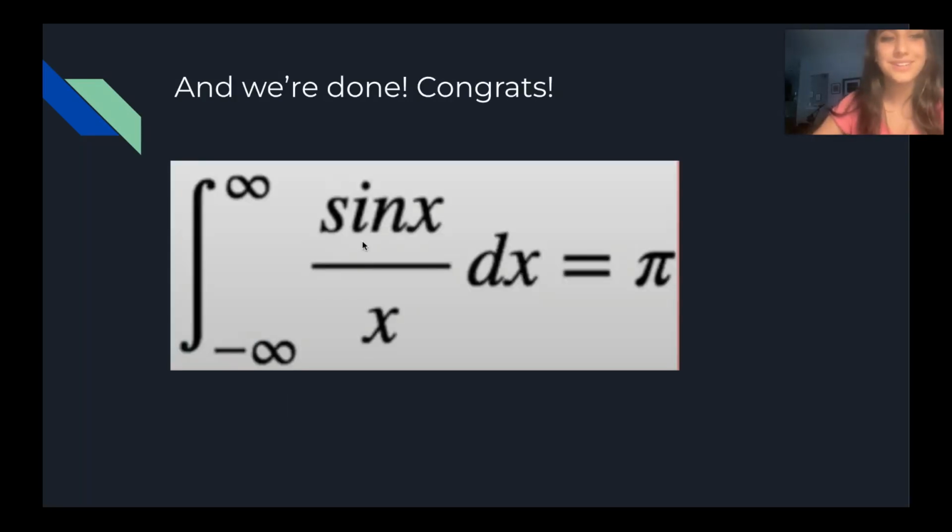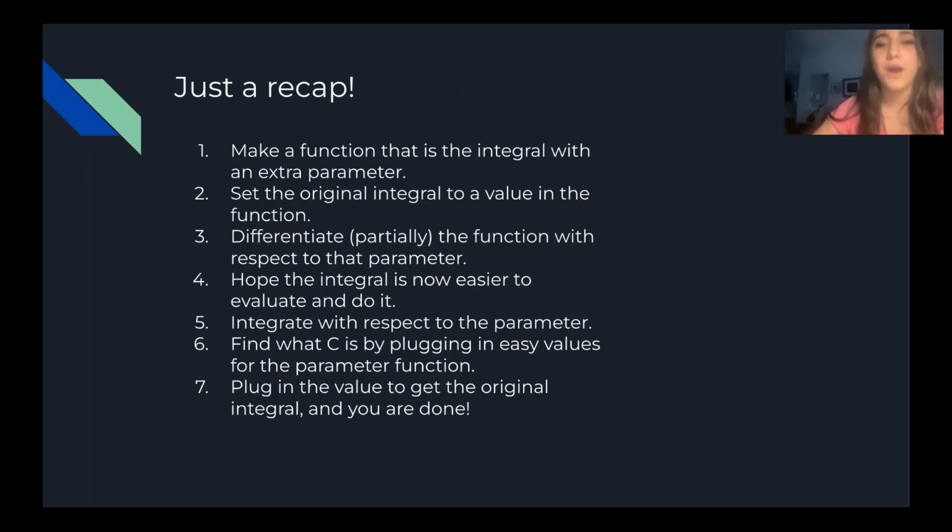Wasn't that super good? So yeah, now I'm just going to give you a huge recap about the generality of Feynman's technique. What's a super quick understanding of it? So first, you need to make a function that is the integral with an extra parameter. Next, you're going to set the original integral to a value in the function. You're going to differentiate partially the function with respect to that parameter.